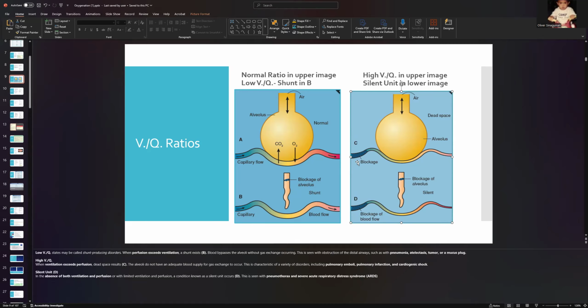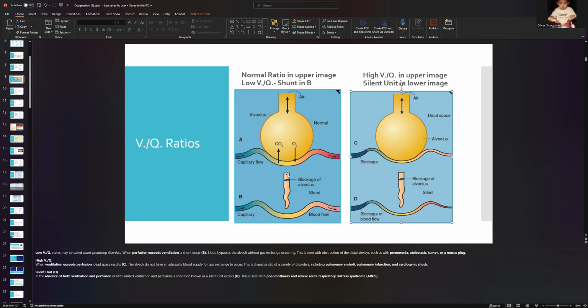But they ultimately lead to lower gas exchange, which leads to CO2 retention in the system and lower O2 in the system. And then when you understand that, the causes start to make sense.